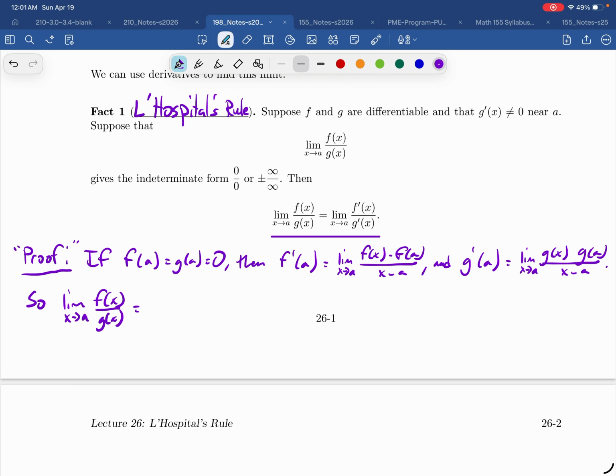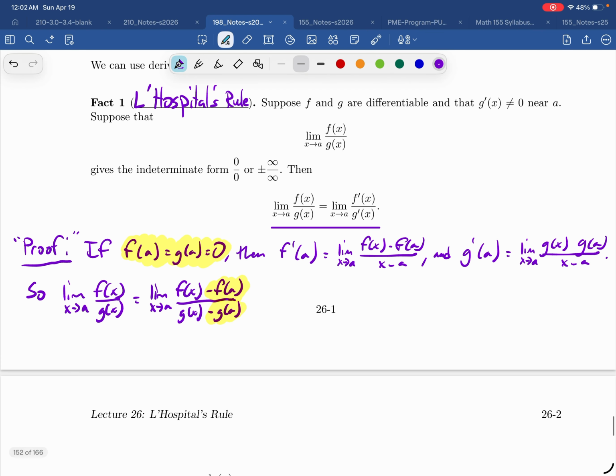I guess what we could do is just tack on f of x minus f of a and g of x minus g of a. We could do that because they both equal 0, so we're just adding 0. That's not really doing anything.